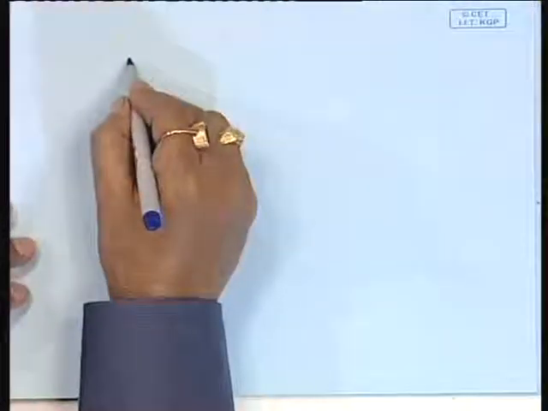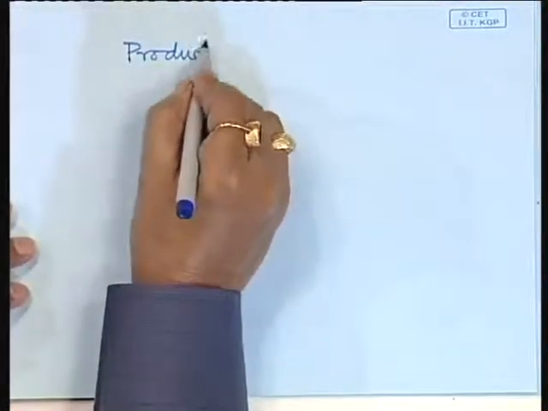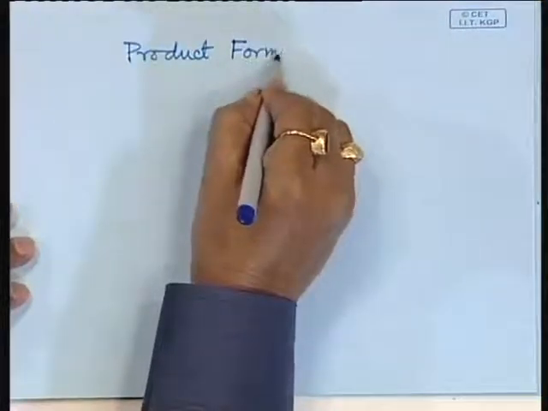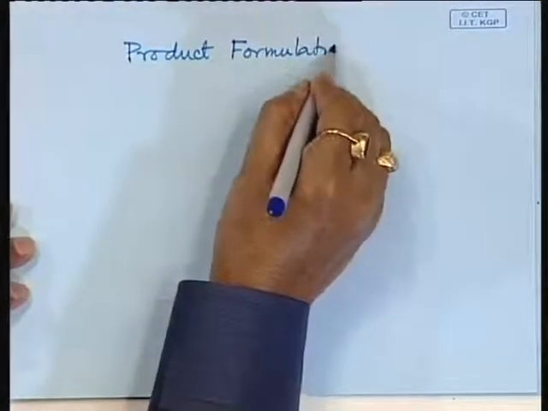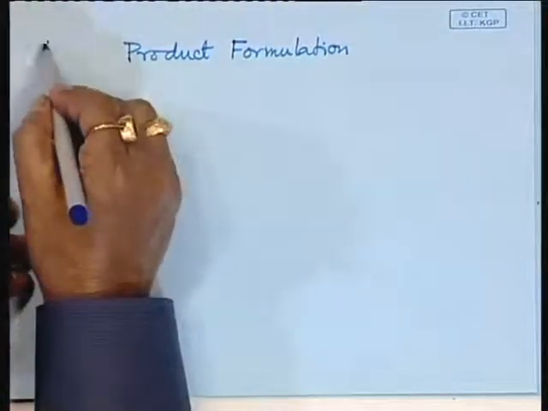Now, for making a plastic product, the main ingredient is the polymer, the base polymer. We are going to make a product formulation, say a plastic product formulation.